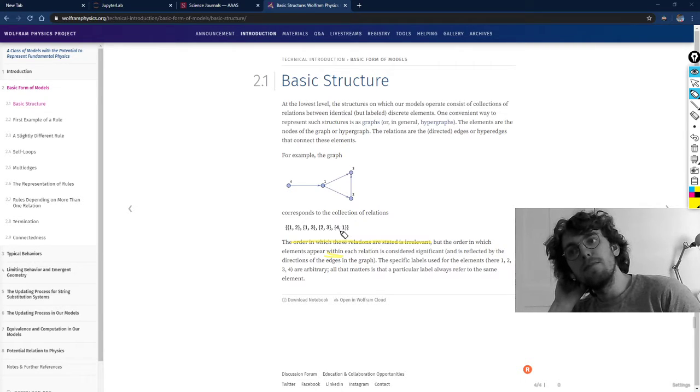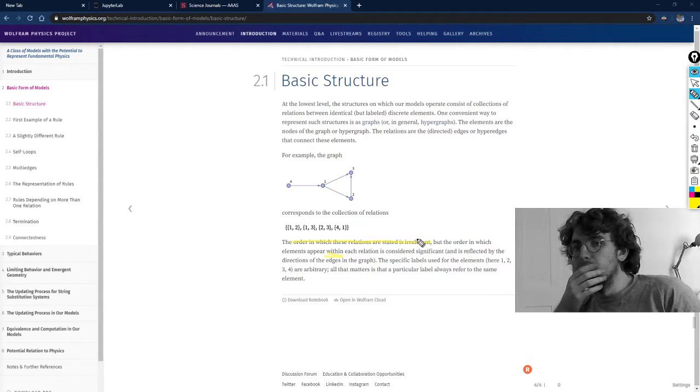So that's basically, the arrows are significant. This is 1 going to 2, not vice versa. The labels are arbitrary as long as the orders are correct.